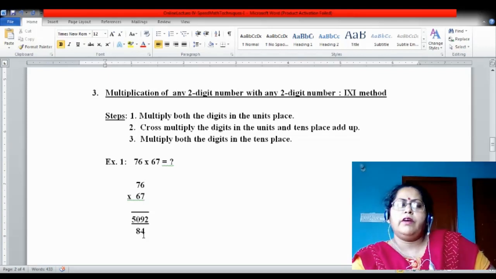Carried forward basically. So 6 sevens are 42, it's 2, and here comes 4. Now the second step: cross multiply the digits in the units and tens place and then add up. So now it is 7 into 7, that means 49, plus 36. 49 plus 36, it's how much?